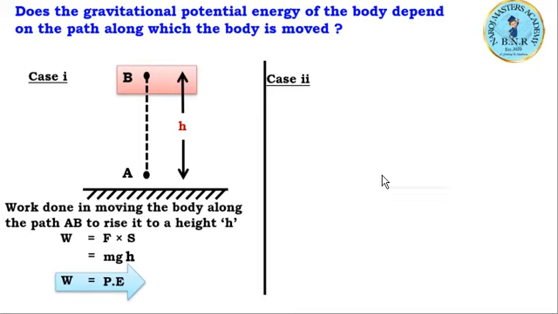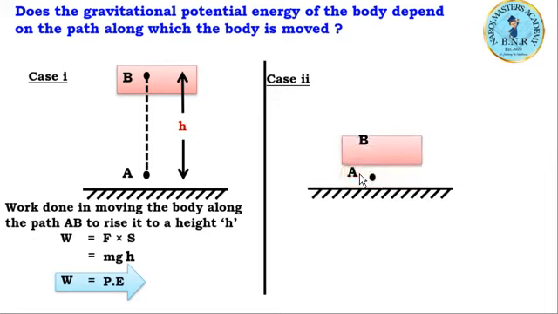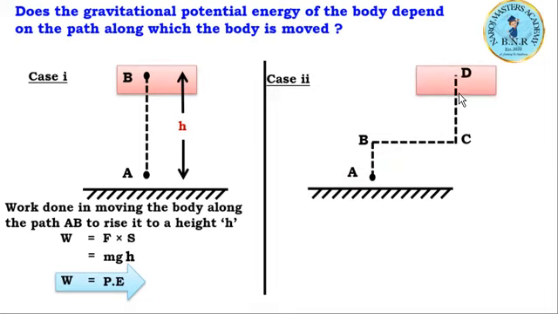Case 2. If you keep the same object on the surface and change its position from point A to point B, then from point B to point C, from point C to point D, and again from point D to point E. Now mark this point.